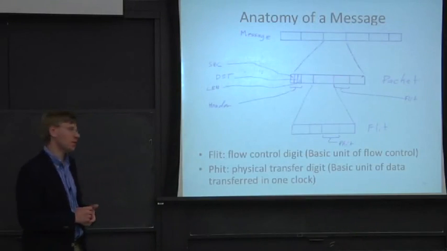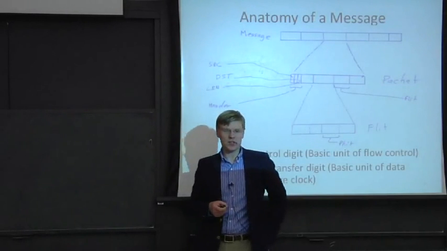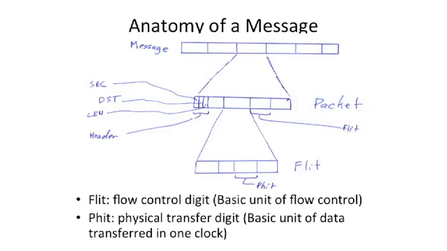Just to recap, we talked about this last time. We have a message, which is made up of some number of bytes, or some number of bits. From a nomenclature perspective, we can split this message into a packet. Typically, you have a head and a tail to a packet, and maybe there's a destination, and a length is pretty useful in our header, and there may even be a tail bit.